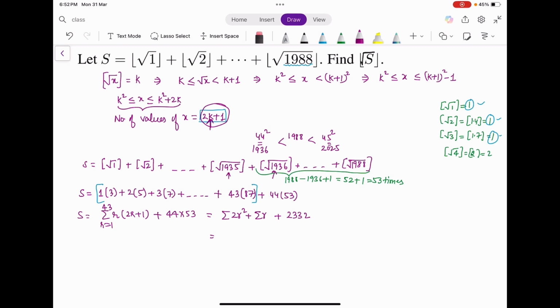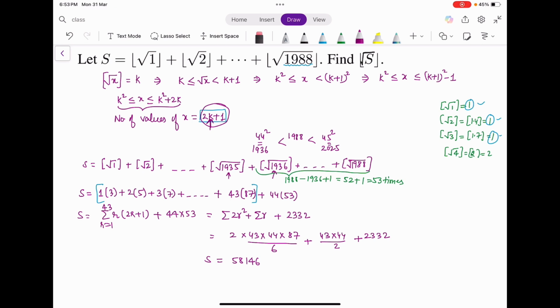Sigma 2r square means 2 into n(n plus 1)(2n plus 1) divided by 6. N value here is 43, since we are doing sigma till 43. So that will be 43 into (n plus 1) 44 into (2n plus 1) 87 divided by 6, plus sigma r, which is n(n plus 1) by 2, plus 2332. This calculation you can do. I'm writing the value which comes out to be 58146. That is the S value.